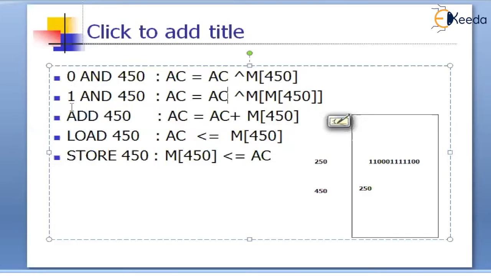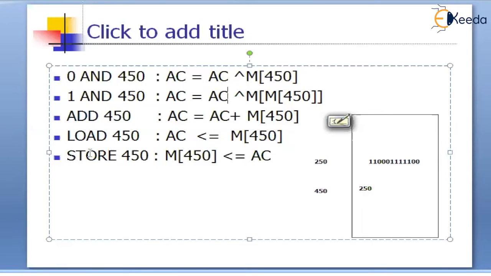Now when the ADD instruction is executed, addition is going to be performed between memory of 450 and accumulator. When it is ADD 450, accumulator equals accumulator plus memory of 450. LOAD 450. You know the difference between load and store instructions.